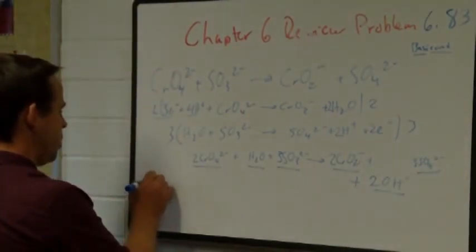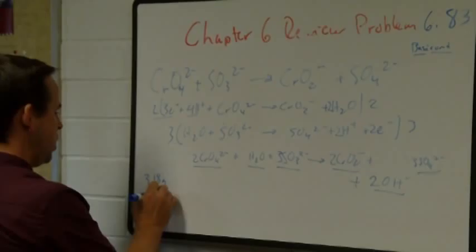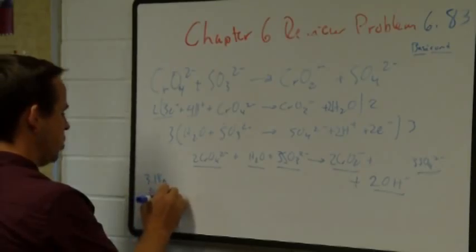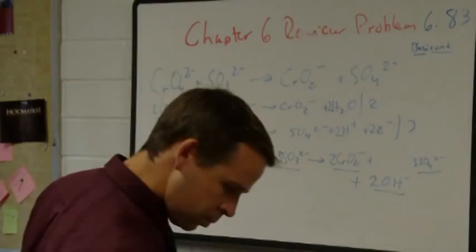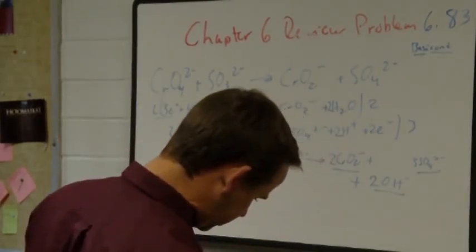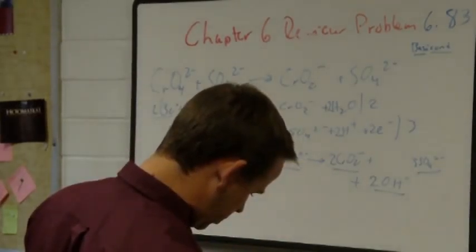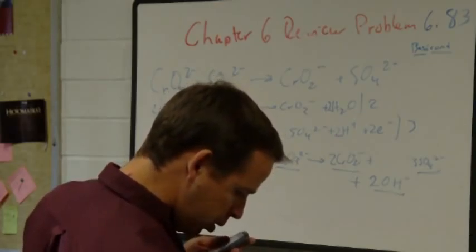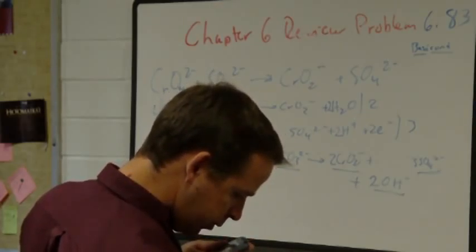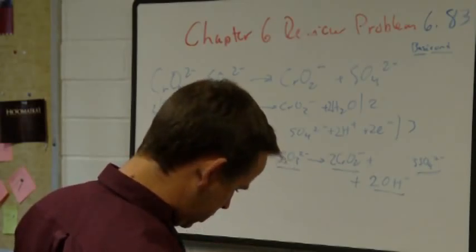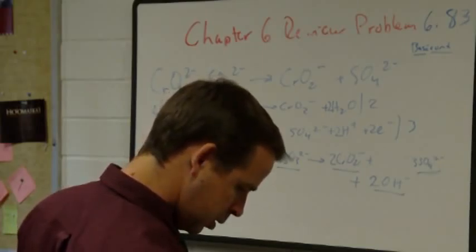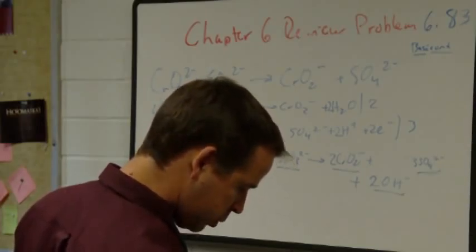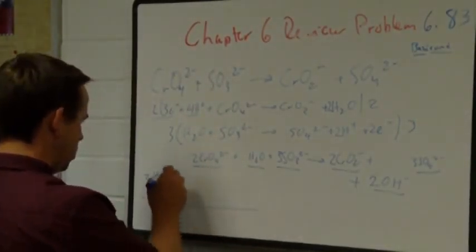So if we start with 3.18 grams of Na2SO3, we need to find the molar mass of sodium sulphite. Okay, so we can convert this to moles.